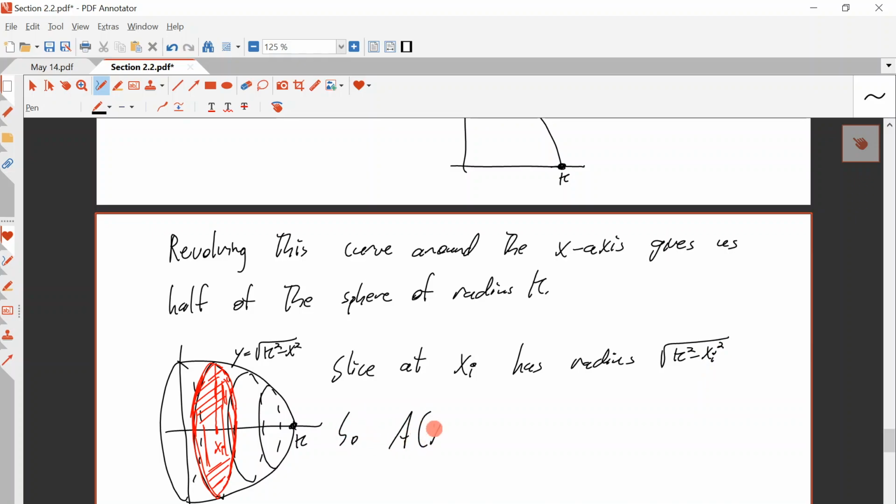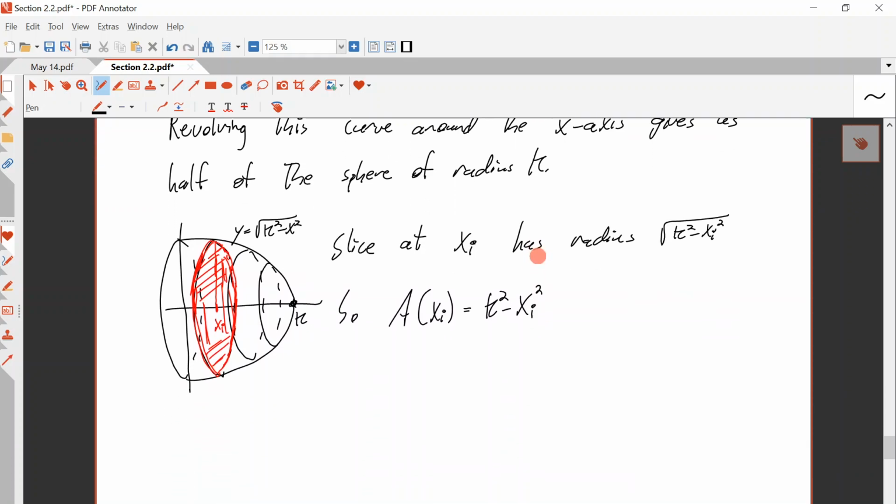So the area at xi is going to be equal to this thing squared, k squared minus xi squared. So the volume of the whole sphere of radius k is equal to, well, twice the volume of the half sphere.